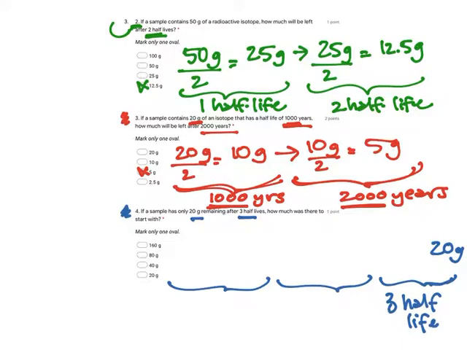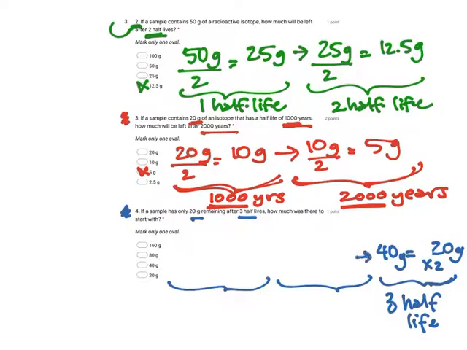So in order to get 20 grams, we're going to need to multiply this by 2 to get what we had originally. So we're going to say this needs to be multiplied by 2. And that's going to give us 40 grams.